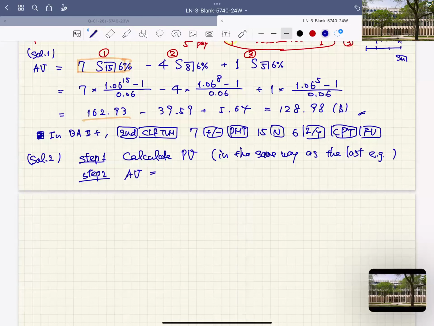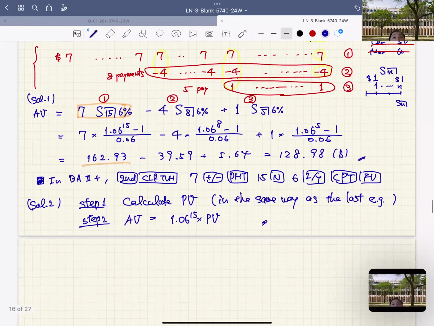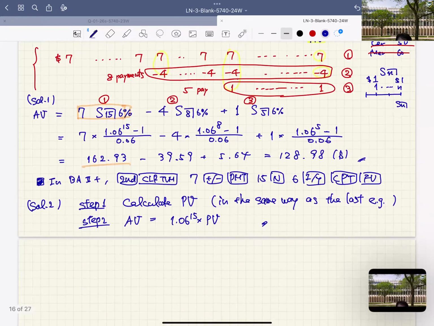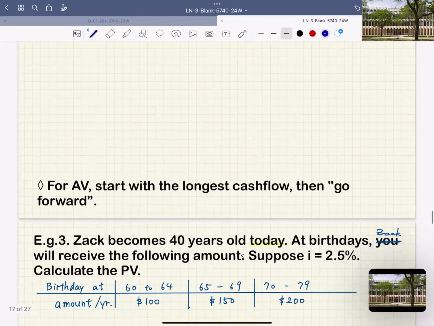Accumulated value is 15 years of interest accumulated on present value. So you can do this. Okay, so do you have questions? Okay, so that's it for this example.